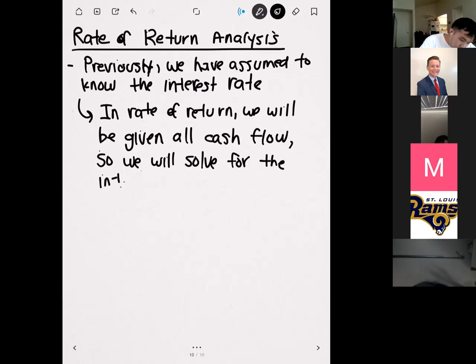And so basically, we'll be solving for the interest rate that will cause all the cash flows in the problem to balance out. And this interest rate right here is known as the rate of return.